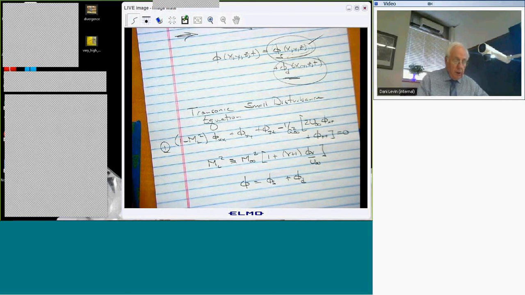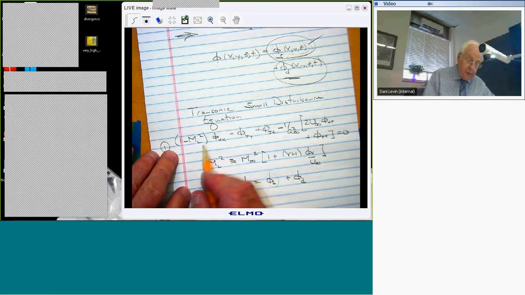So this part, I'm first of all going to solve for when there's no motion of the airfoil. So phi D is 0, and that's just governed by the steady flow equation.